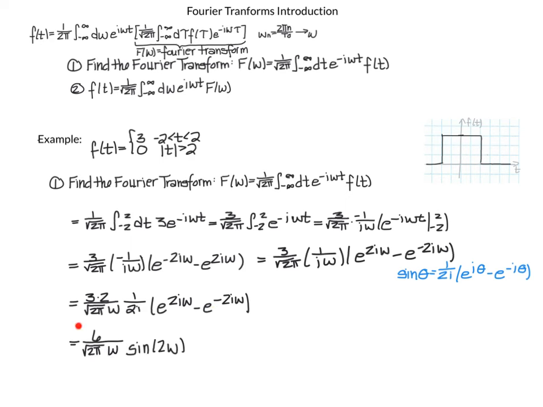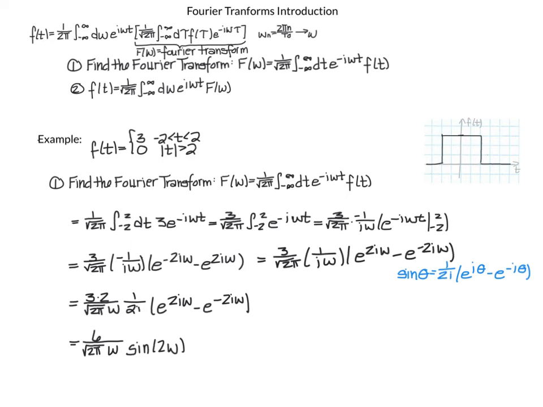And then finally, I can multiply this stuff out, and I get my 6 on top, my square root of 2 pi omega, and then I have my 1 over 2i times e to the 2i omega minus e to the minus 2i omega, using my sine formula, so I have sine of 2 omega. And again, this is my Fourier transform.